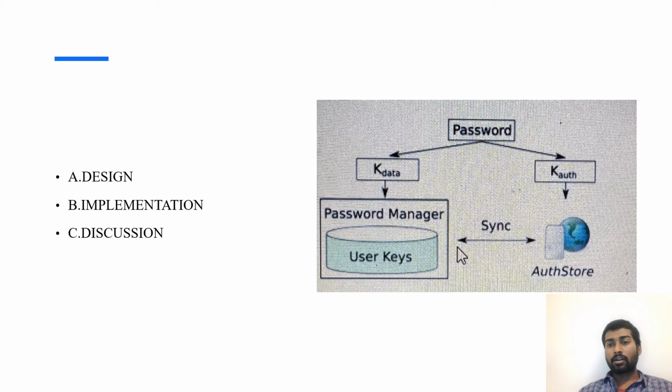What is the purpose of K auth? K auth is used for authorizing the data, and K data is used for encrypting the data. After encrypting, the data will be stored in the database.